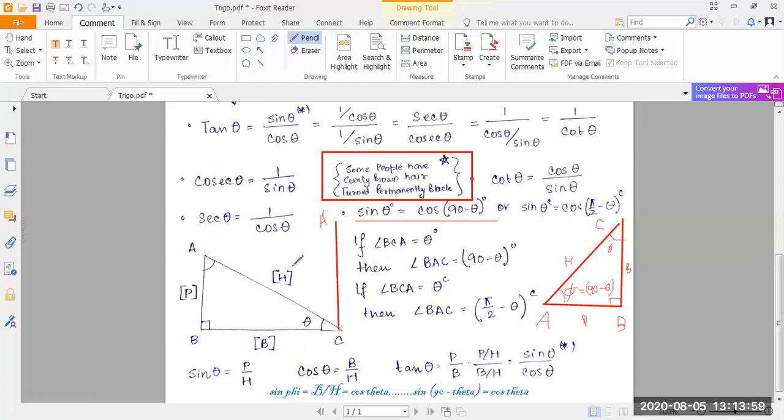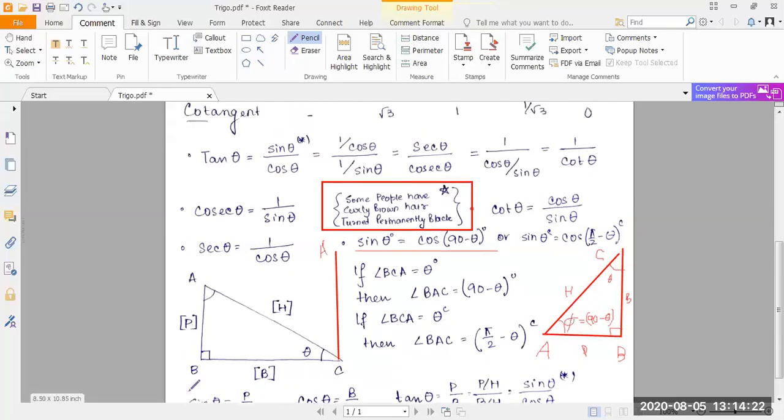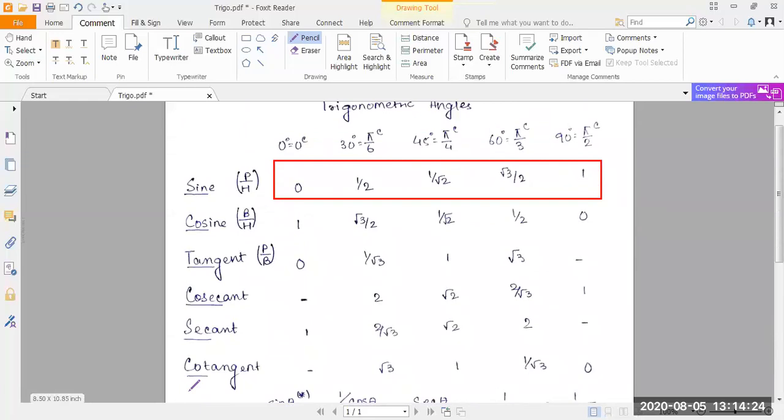Not even line segments, they are essentially two infinite lines. So we can, in an abstract way, say that both of them are equal in length because they are both infinite in length. So perpendicular and hypotenuse have the same length. That means the numerator and the denominator are the same. So we can, again, in a limiting sense, say that sine theta is 1. So that is why we can say sine 90 degree is 1.